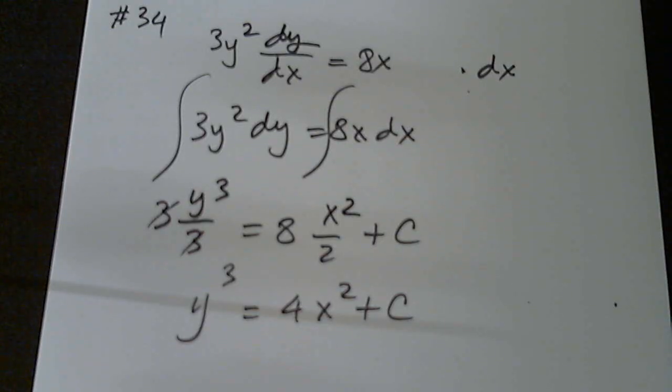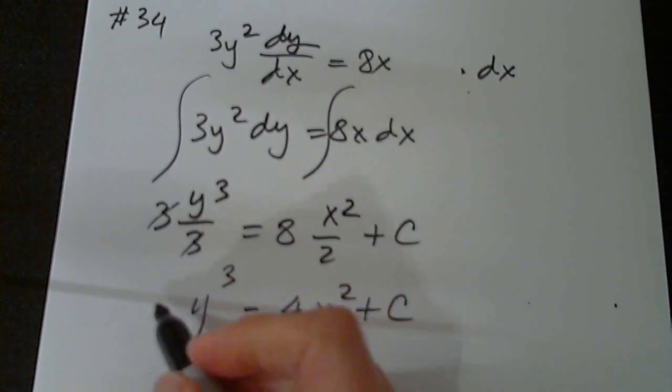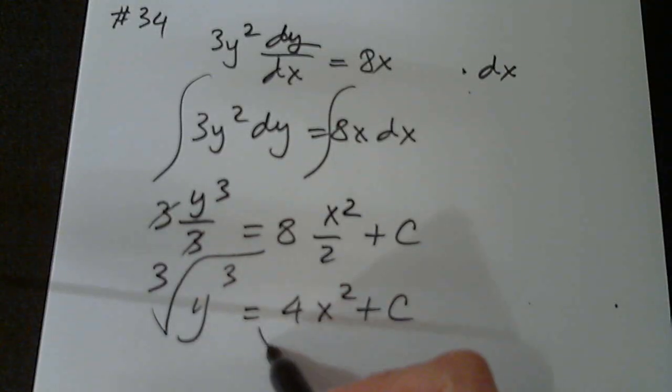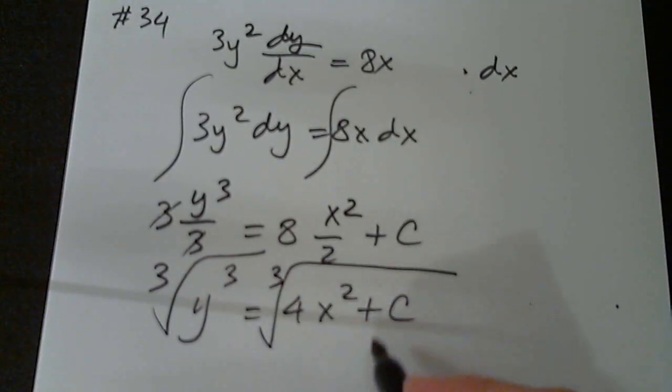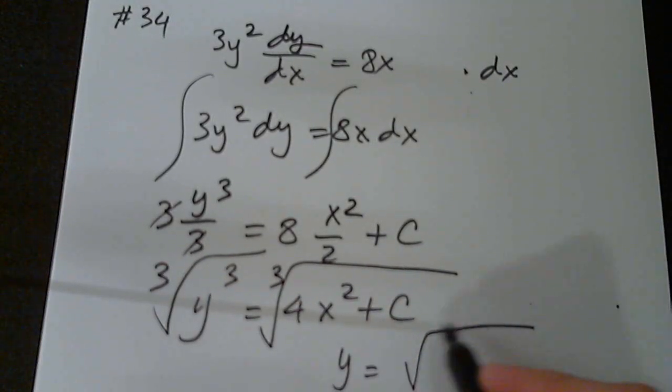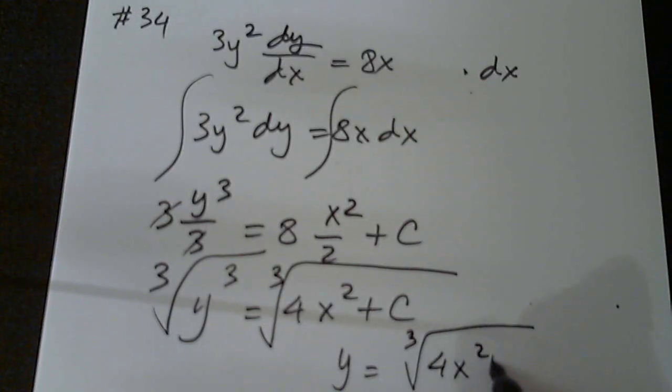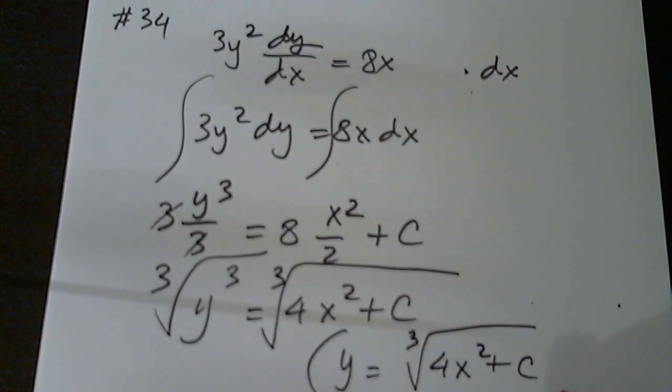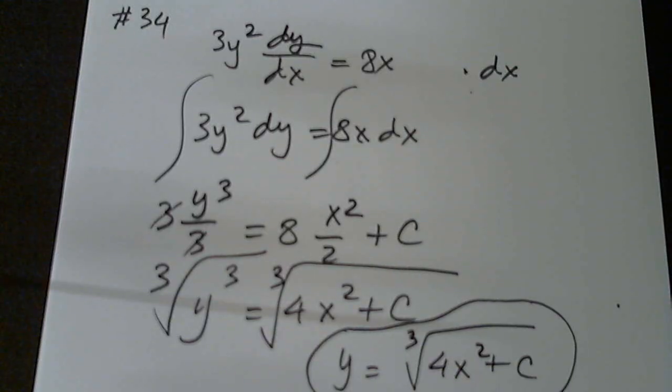What should I do to both sides to solve for y? Anyone, please? Would you cube each side? The cube root. Yes, indeed, the cube root. Very good. So we have y equals the cube root of 4x squared plus a constant C. And this is it.